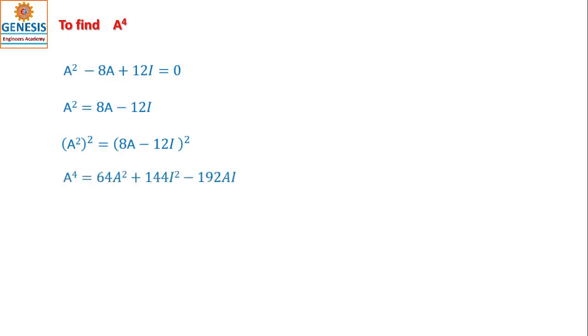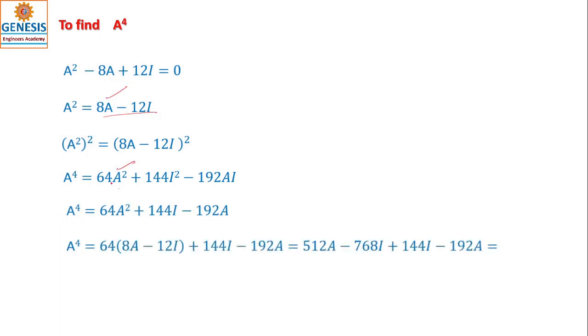According to the Cayley-Hamilton theorem, A square is this. I have to square both sides, so this comes to A to the power of 4. A square is already known to you, and you reduce these terms to a single one by substituting for A square. You can simplify using your given matrix.